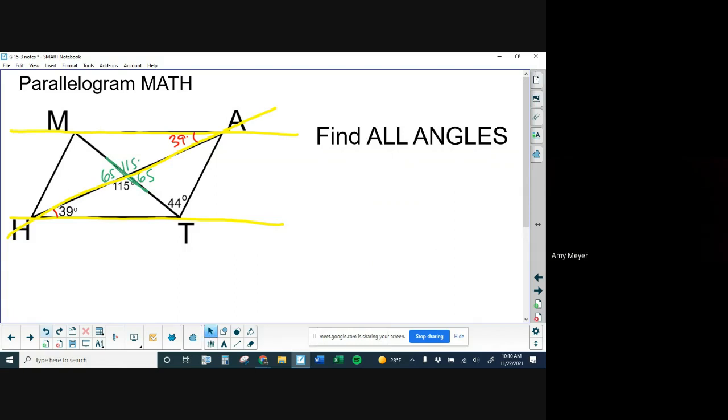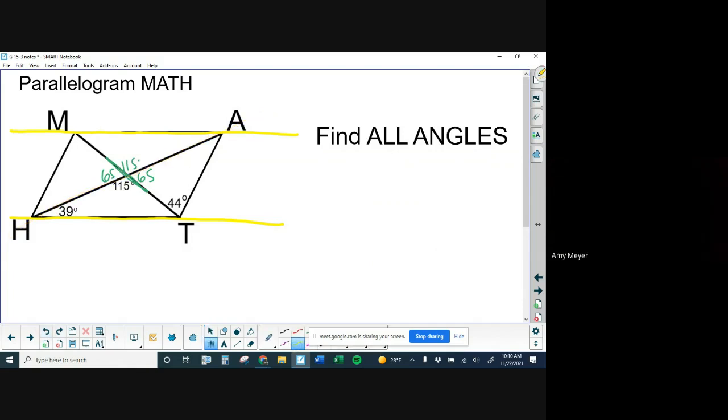Anybody have another idea on an angle? 44, the same thing as the 39. Alternate interior. Oh, I see what you're saying. Yes. So, very good. Here's what he's saying. Let me get that highlighter again.